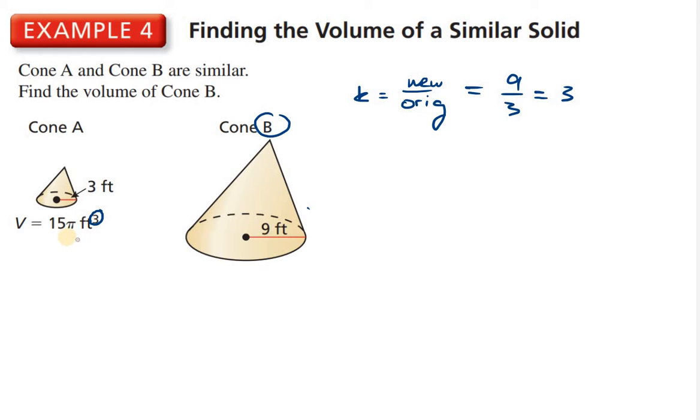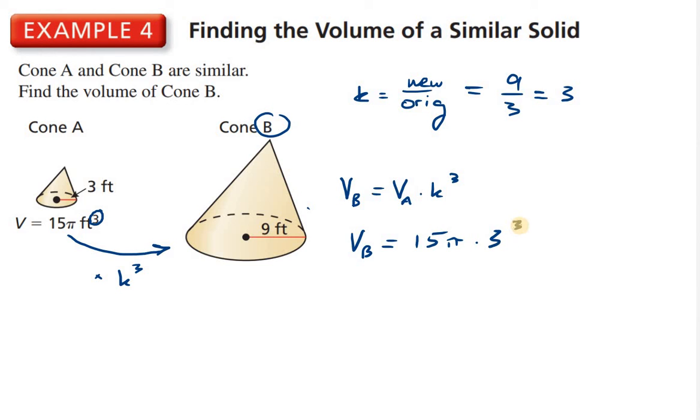Now, if we want to find the volume from one to the other, then we have to multiply by K cubed, the scale factor cubed. So the volume of the new one, volume B, is volume A times K cubed. So volume B is 15 pi times 3 cubed. 3 cubed is 27.